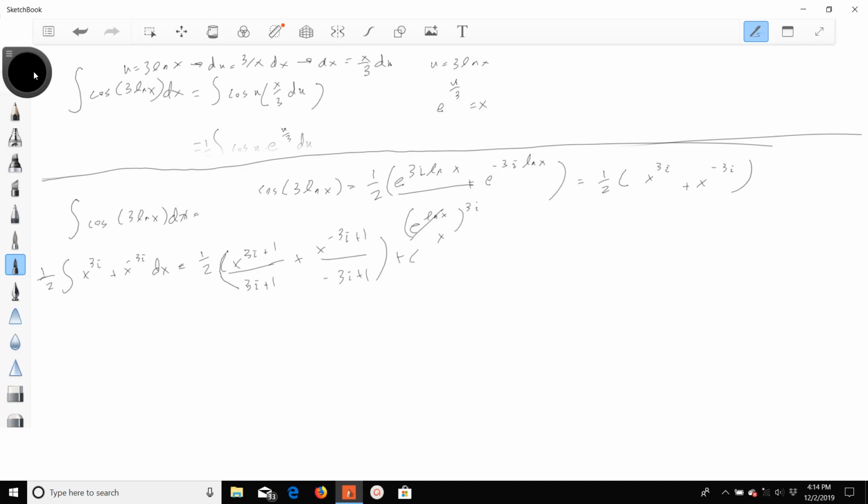Now, that equals, doing some algebra, x times 1 minus 3i times x to the 3i plus 1 plus 3i times x to the negative 3i, over 20, plus c.